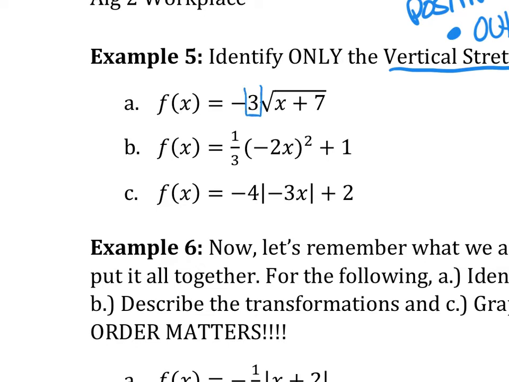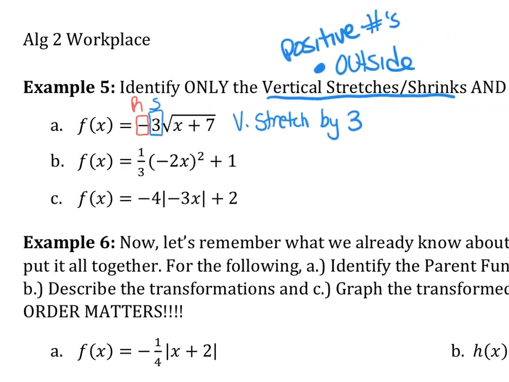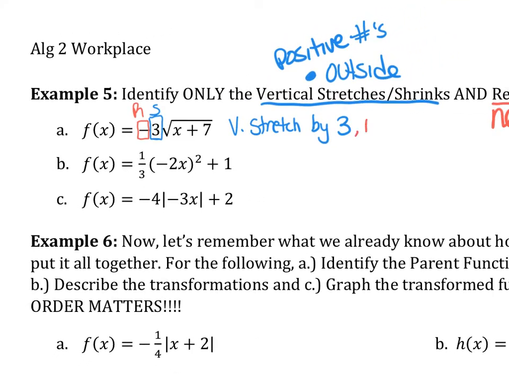Yeah, just the 3 because it always has to be the positive number. And then we have the negative out in front, which is the reflection. So 3 is a number that is greater than 1, so this would be a vertical stretch by 3. And then the negative is on the outside, so we reflect over the x.